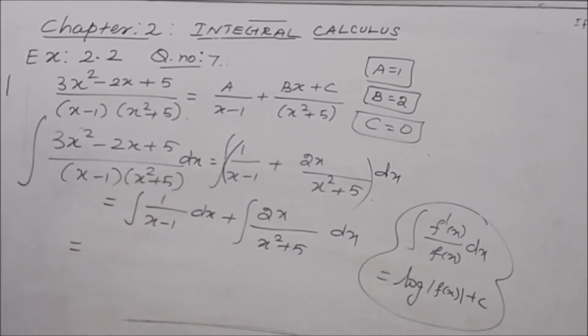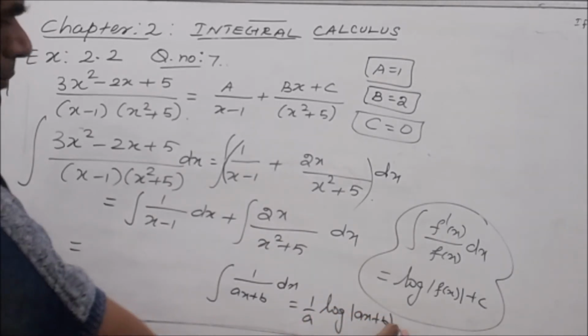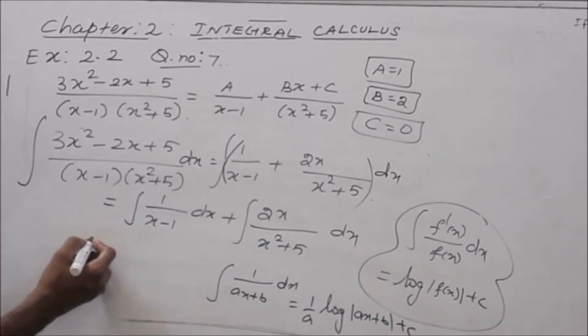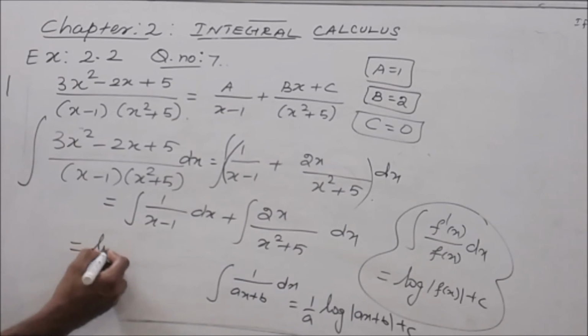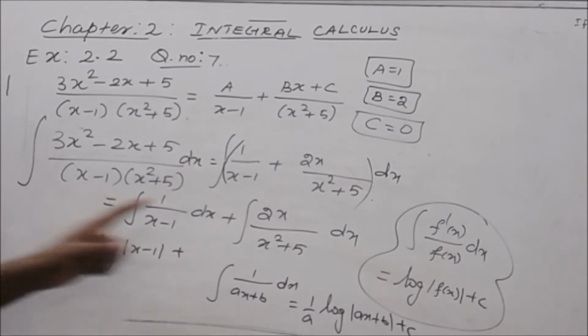This is integral of 1 by ax plus b dx. For that we can apply 1 by a log of modulus of ax plus b plus c. Here 1 by a is 1, so we get log of modulus of x minus 1.